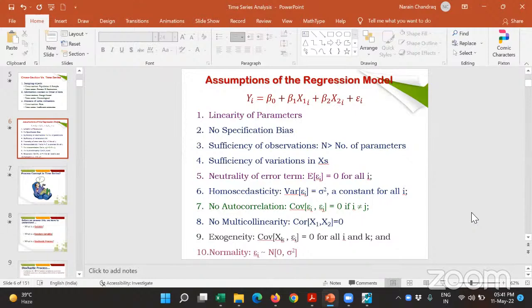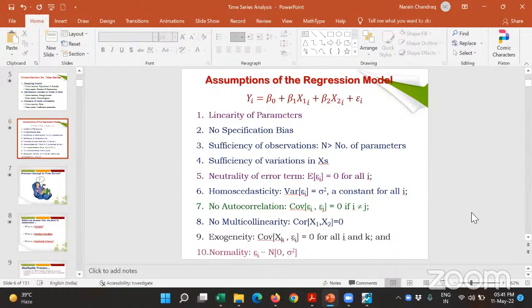So Park test, White test, Glejser test, ARCH LM test: these are some of the tests which you can use. There are graphical ways of detecting heteroskedasticity as well, whether your data set suffers from it. There are multiple ways of detection of heteroskedasticity, and multiple ways of correction for heteroskedasticity as well.